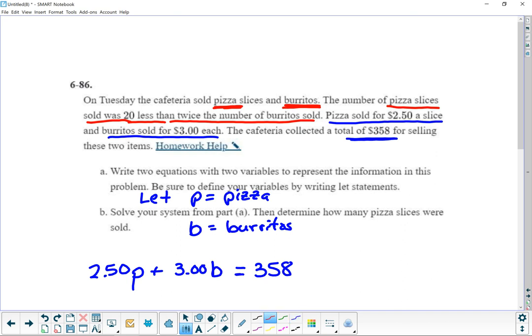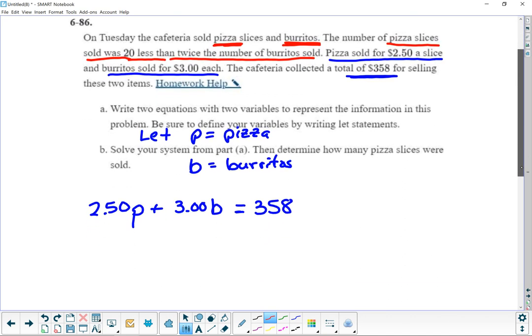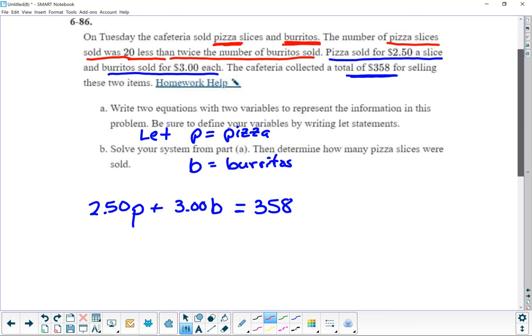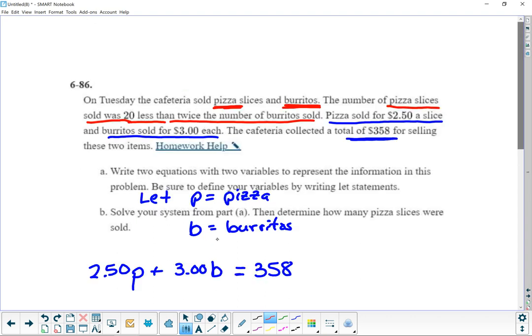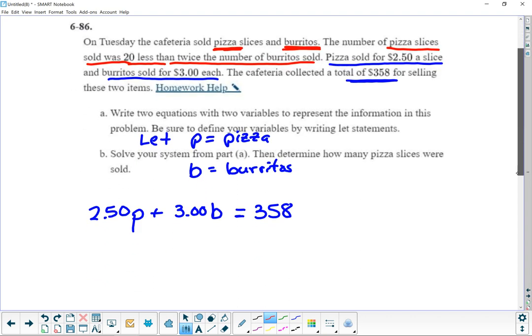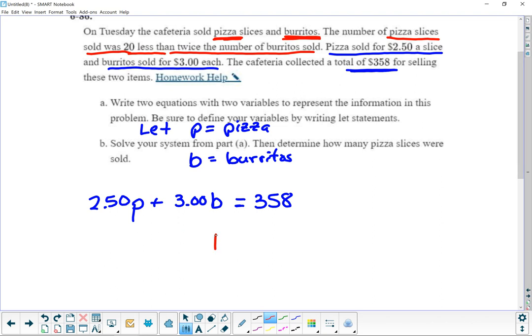The second equation talks about pizza slices and burritos again, but now there's a relationship between them. It says the number of pizza slices sold was 20 less than twice the number of burritos. So we start with the number of pizza slices. P equals, and it's 20 less, so minus 20.